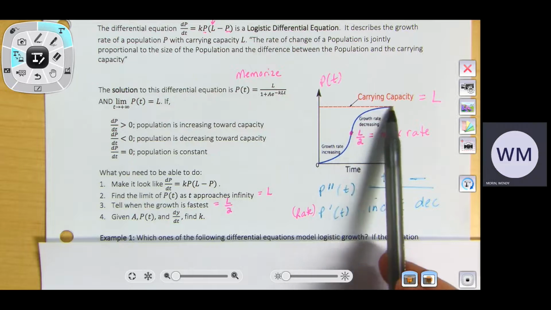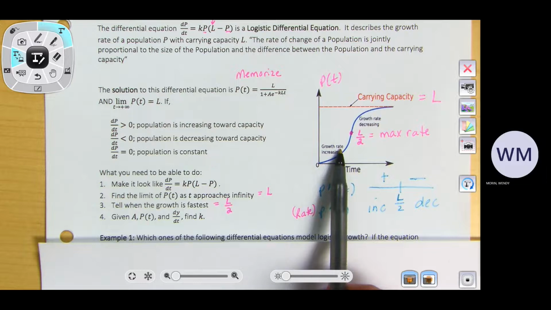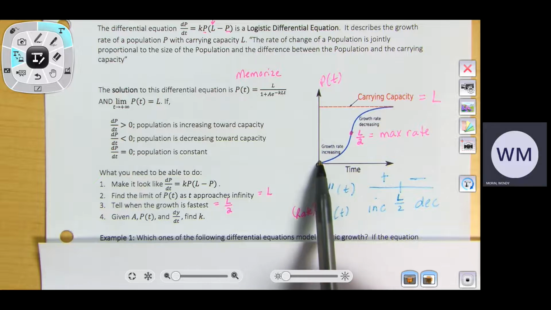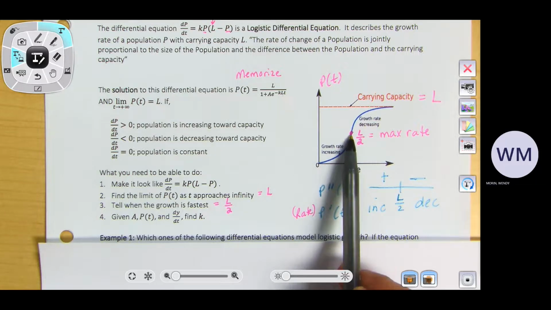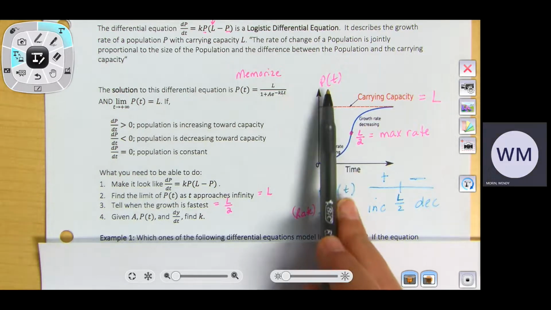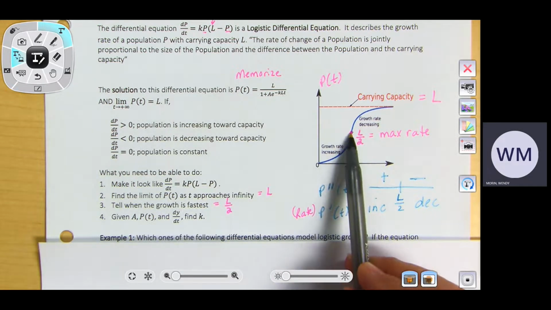Your population is increasing over time. But let's talk about the growth rate. The growth rate is a rate, that is a first derivative. As you can see, this piece of your P of t, which is this right here, is concave up.